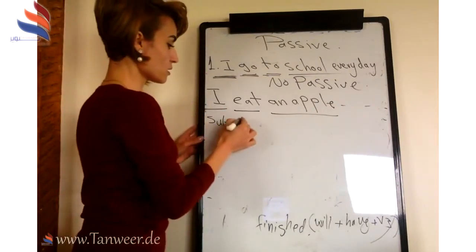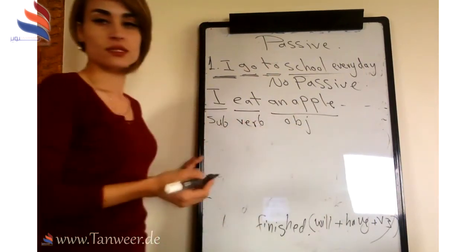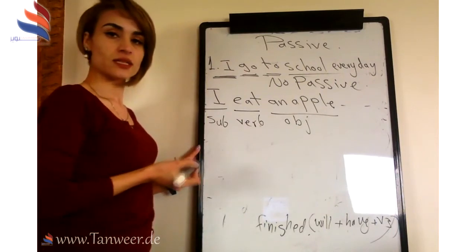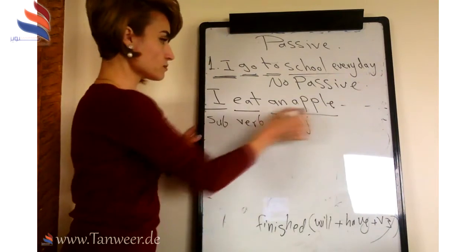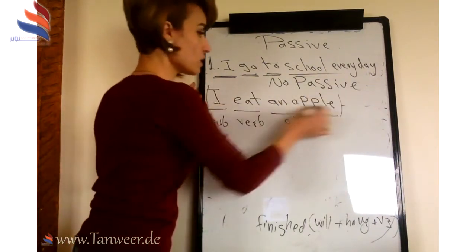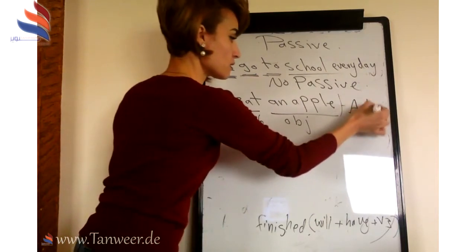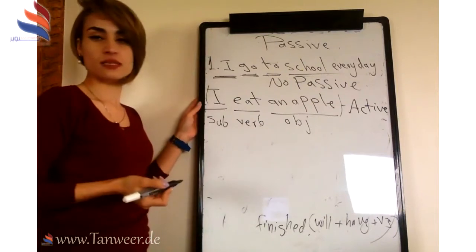Subject, verb, object. Got it, right? Okay. This is an active sentence, right? We call it active, a regular sentence. It starts with a subject.